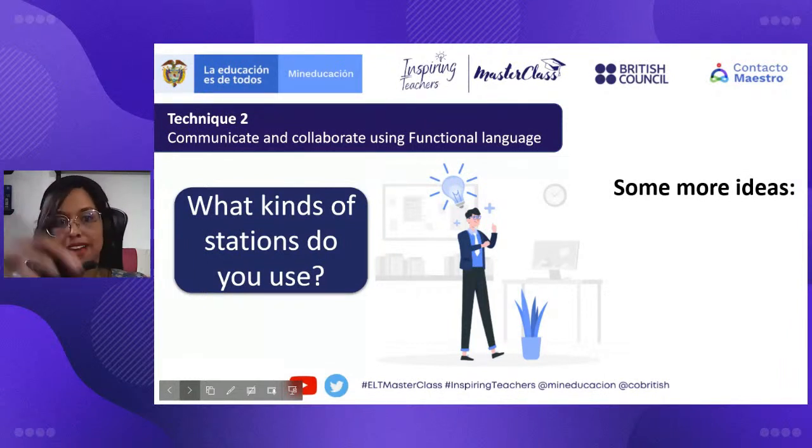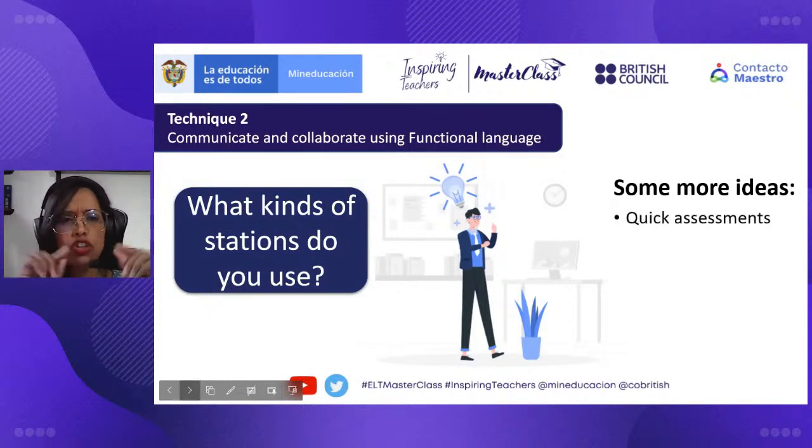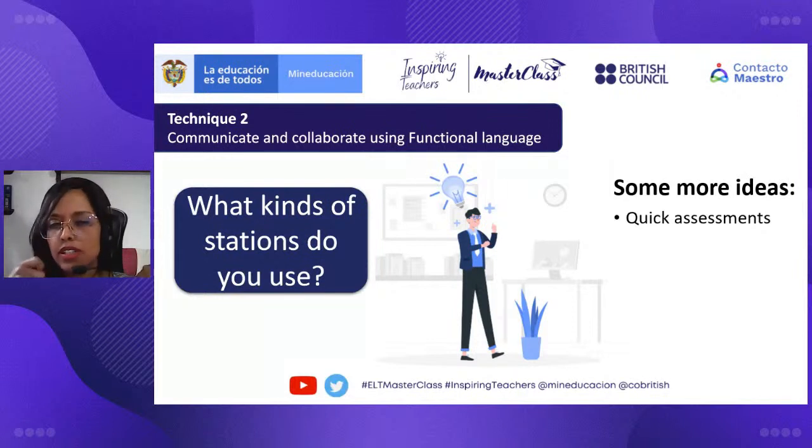And maybe have them set up by skills. Now, another idea is that you guys can set up quick assessments, short quizzes. You can do them on paper. You can do them with all of the different ideas or functional language that we saw in the episode, just to make sure that our students really understood that.